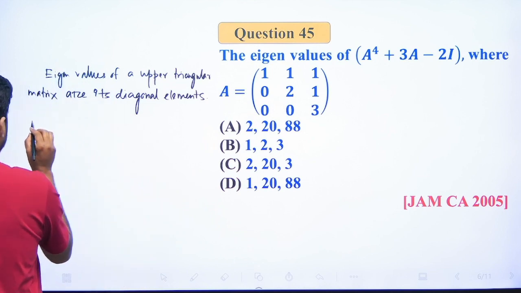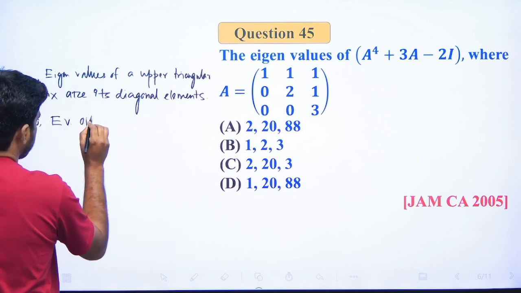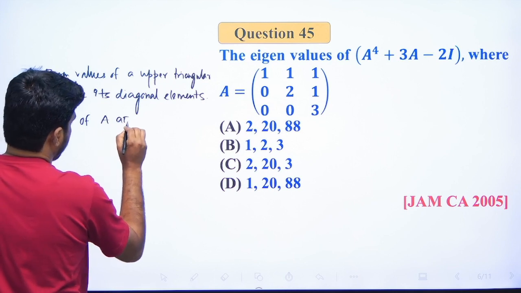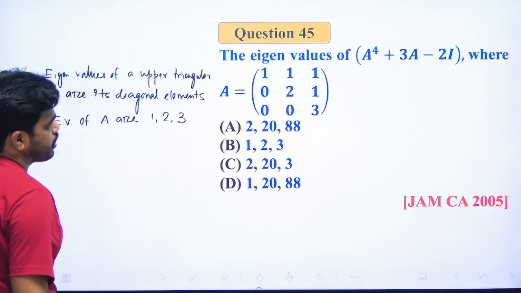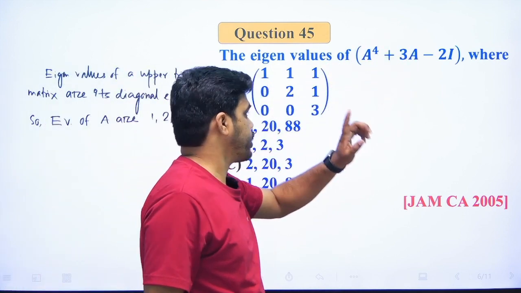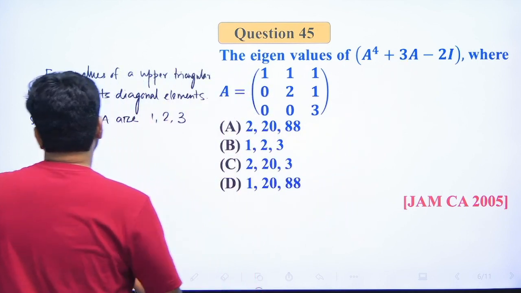So therefore, eigenvalues of A are 1, 2, 3. We have to calculate what the eigenvalues of A to the power 4, of 3A, and of minus 2I will be.